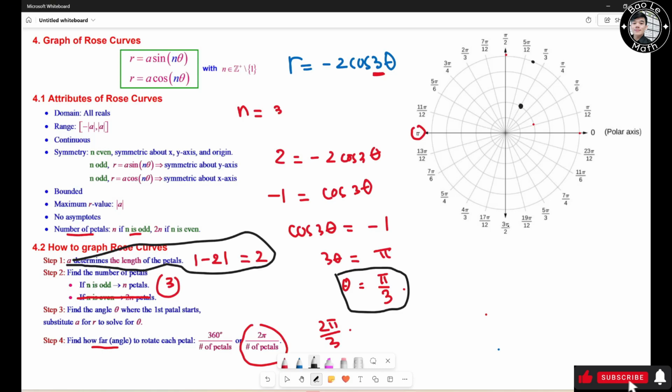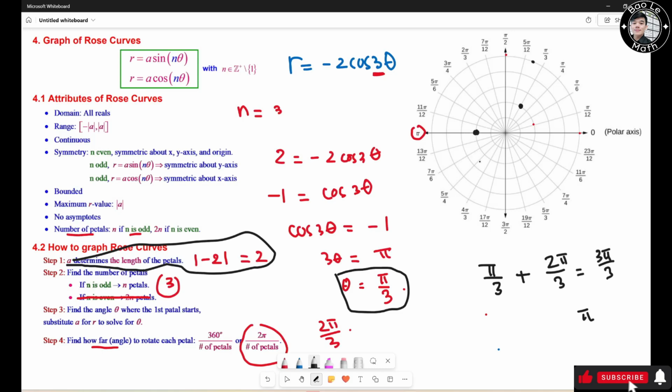This is the first point. Now each petal rotates 2 pi over 3, which is every single 120 degrees. You have the next petal. You have pi over 3, you're gonna add 2 pi over 3. So it's gonna be 3 pi over 3. So you simplify, it's gonna be pi. So the second petal should be right here.